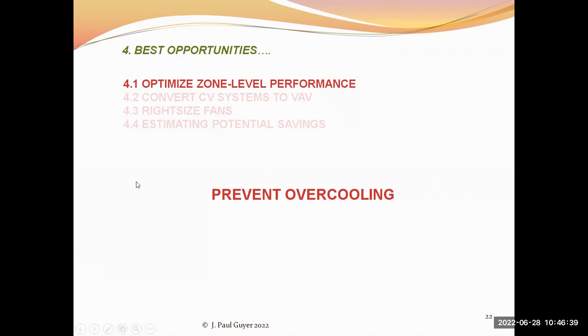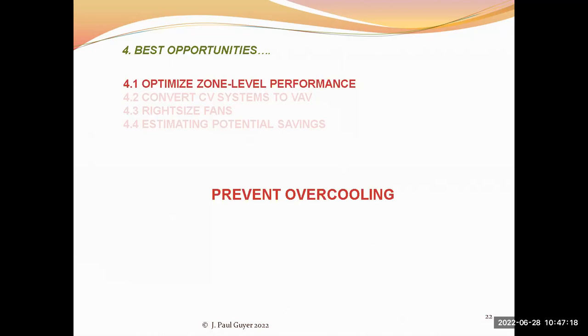An important point also where there can be substantial energy savings is to prevent overcooling. Now this typically would occur, as an example, with a terminal reheat system. You're cooling the air down below the comfort point, and then you're heating it back up, and that's inefficient.